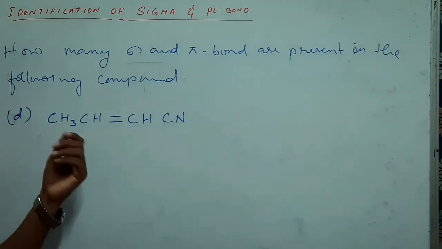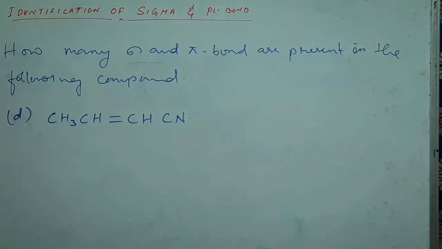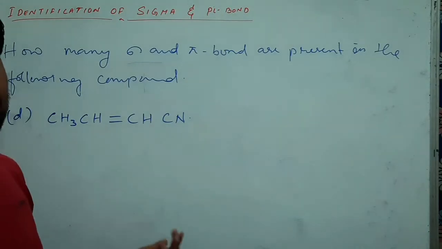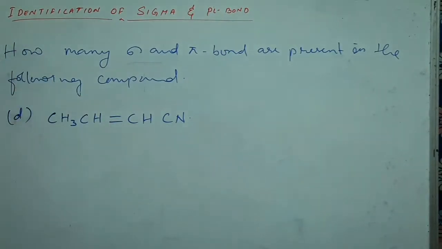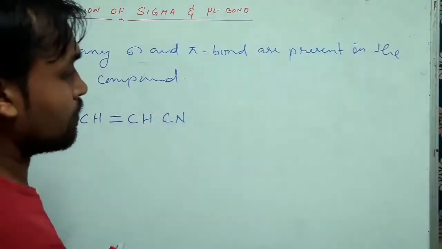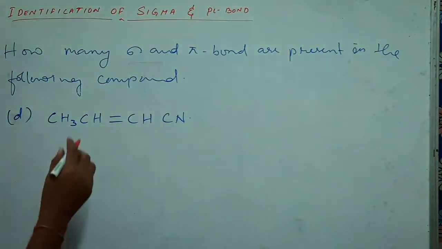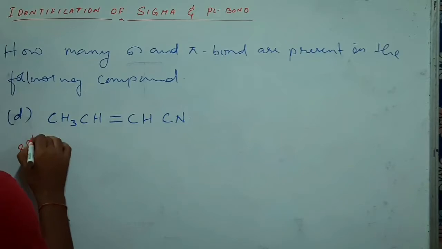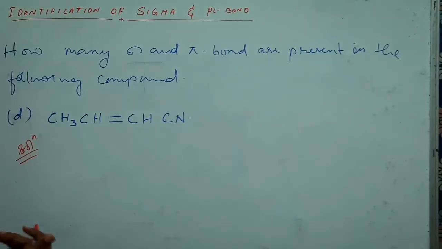So if you have understood, you can pause the video and try by yourself. If you get the answer, pat yourself, congratulations, you have understood. If not, then you have to look at the video again properly and try to understand it. I am starting the solution, you also start solving on your part.